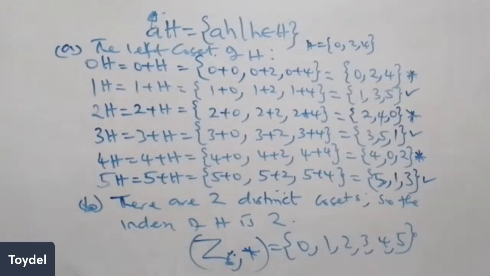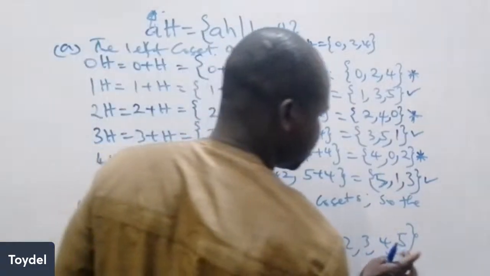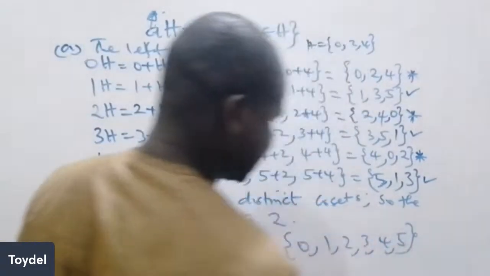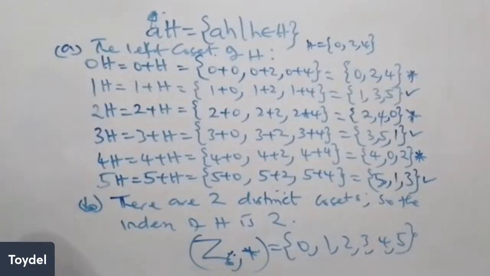The subgroup is H. Please look at the question. I've rubbed it off on the board, but please look at the question. I stopped at 5H because 5 is the last element under Z6. There are 6 elements there from 0 to 5. That is why I stopped at 5H, because we have to stop when you have the last element there.